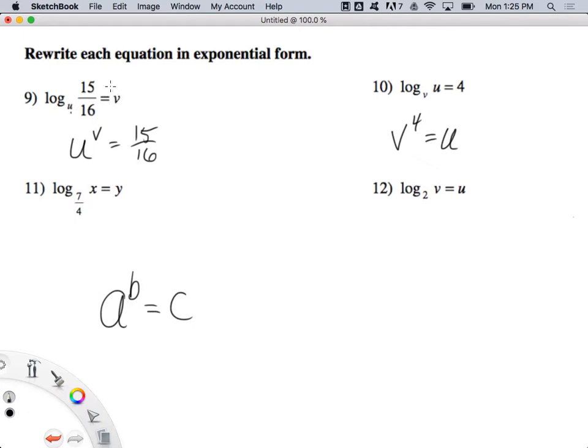So the base is the same, and the exponent is right here. Okay, so go ahead and do number 11 and number 12 on your own.